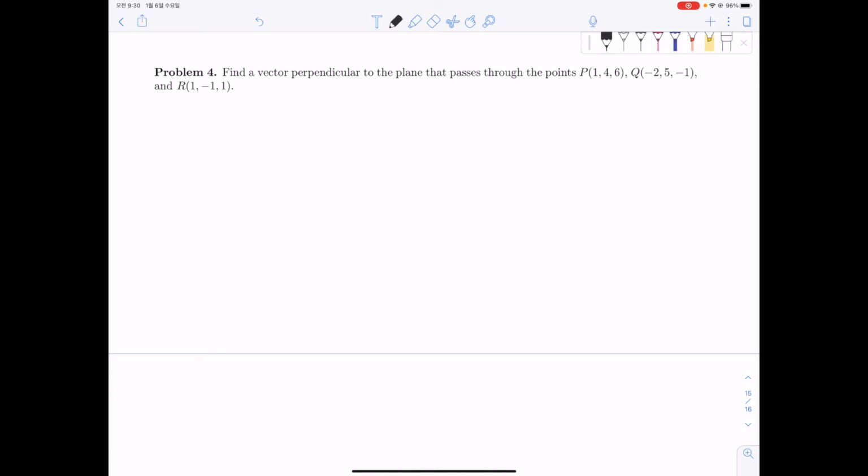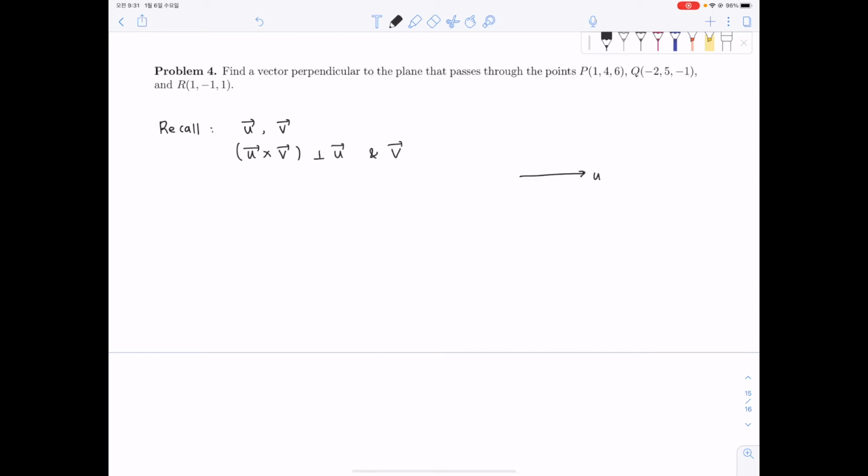Let's see the next problem here. We recall that if there are two vectors u and v, and if we calculate the cross product, then this vector is perpendicular to u and also v. I mean, if there is u and v, then u cross product with v is this one, and it'll be perpendicular to these two vectors.